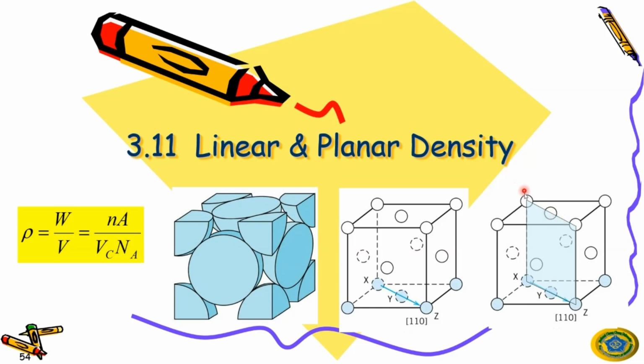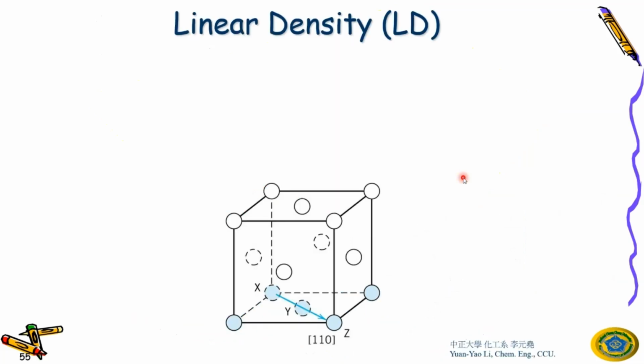You might regard how many atoms in this unit cell, right? That's by volume. By the plane, by the area, is how many atoms in this plane. This is what we call planar density. Okay. You might think, well, Professor, why should I learn this? We will find out very soon.